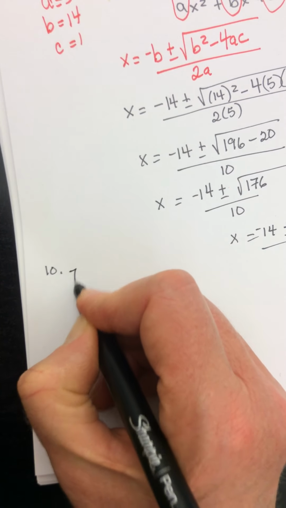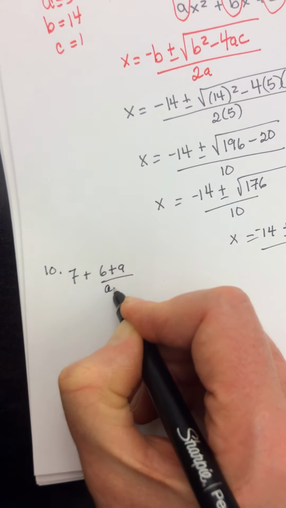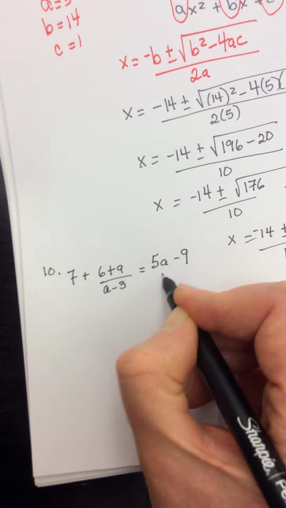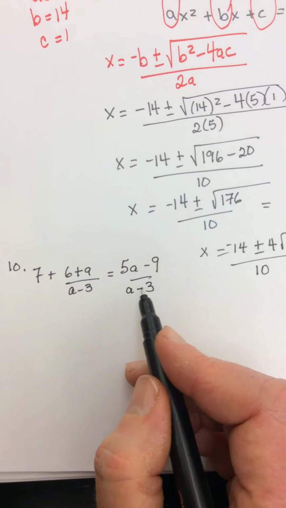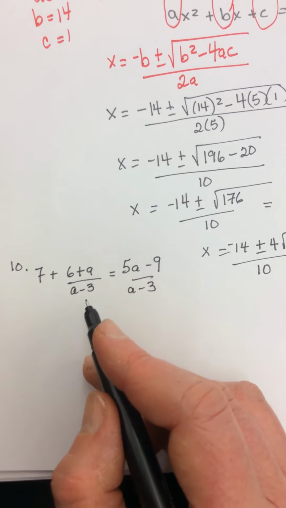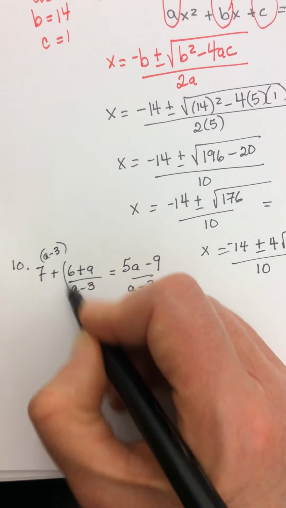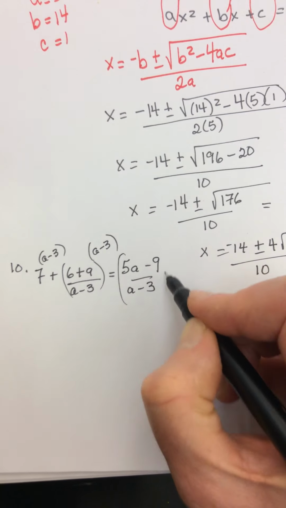Number 10. 7 plus (6 plus a) over (a minus 3) is equal to (5a minus 9) over (a minus 3). It's a fraction. This time the denominator is a minus 3, so I would multiply everything by a minus 3. So the 7, this term, and this term.